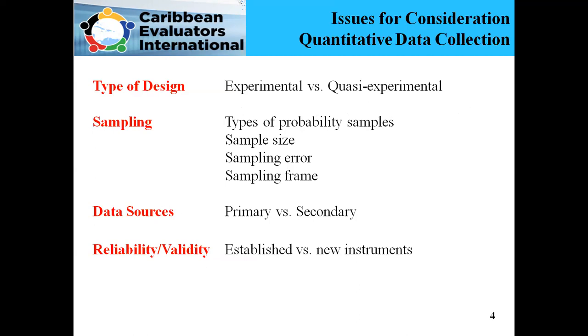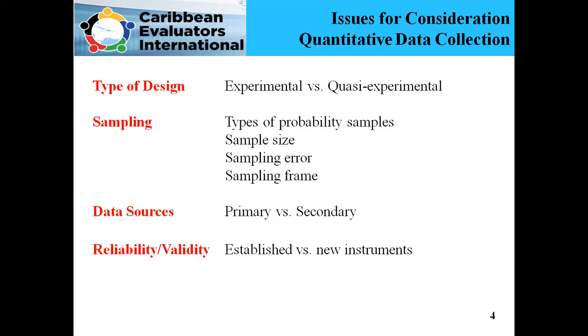Once the evaluation objectives and questions are clear, the evaluator needs to consider a number of design issues. So using a quantitative approach really requires that you think about all of these issues that are going to be appearing on slides 4 and 5, which we're going to discuss in more detail as we move on throughout the presentation.